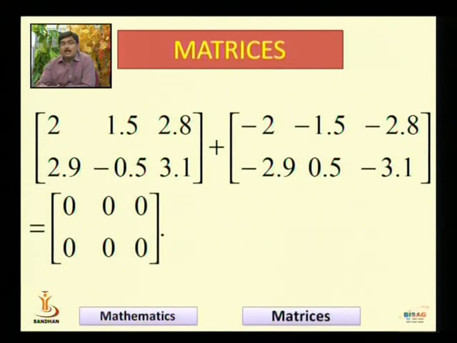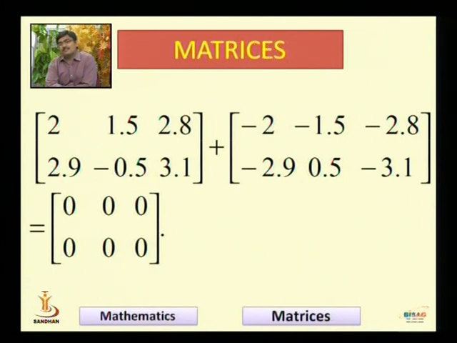So, this is a new matrix which is the result of the addition of these two matrices, and it has 0 at each place. See, this example motivates us that if I am given some matrix, I can manufacture another matrix such that the addition of these two matrices will give me 0 in each entry.